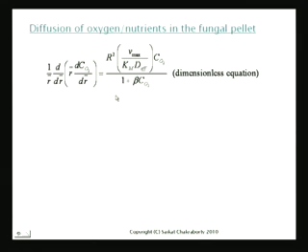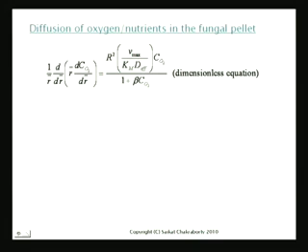So this is the equation in dimensionless form, and the reason I wrote it this way is that we did this already for the enzymes, and you can go back and look at the dimensionless form for the immobilized enzyme. If you remember, just before the exams, we showed how to make it dimensionless for the immobilized enzymes. It is exactly the same thing.